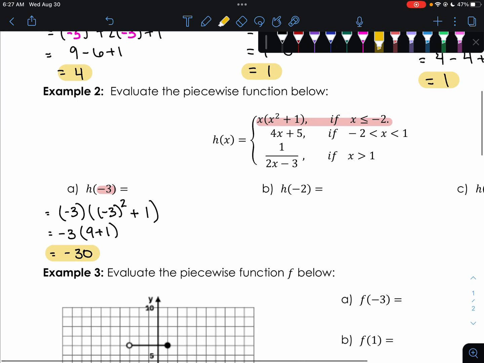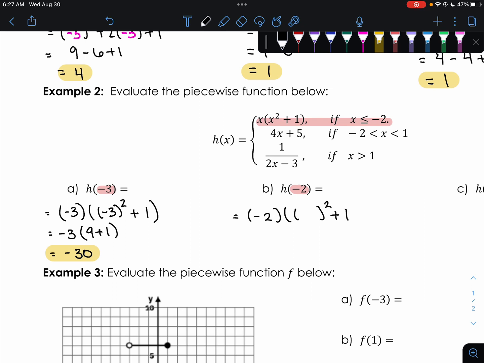Looking at the next one, we want to know when x is negative 2. So when x is negative 2, that again is that first equation. So you have to pay attention to where the equal sign is on it, and it's right here on that one. So I'm going to plug in negative 2 anywhere I see an x.